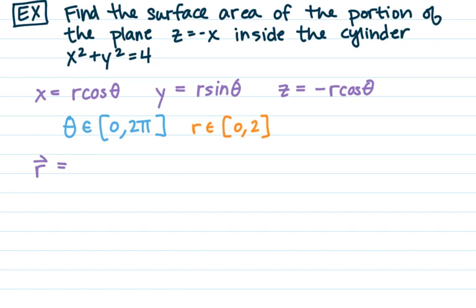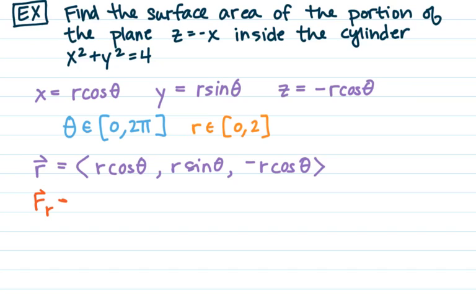And my r vector in component form, I'll say r cosine theta, r sine theta, and negative r cosine theta. So we'll find our partials next. R sub r is going to be cosine theta, sine theta, and negative cosine theta.